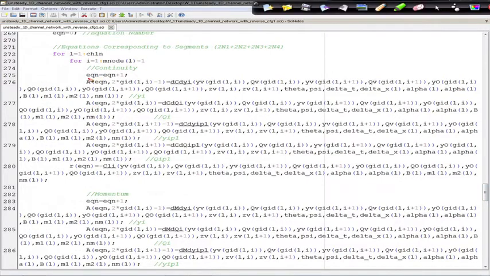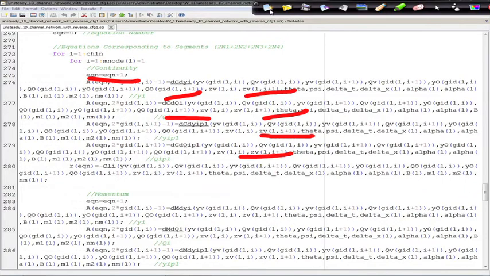So, this is for continuity, obviously too many input variables are required for dC dy calculation. So, this is first one, this is second one, this is for y_i, Q_i, y_i plus 1, Q_i plus 1, and this is minus CLI.